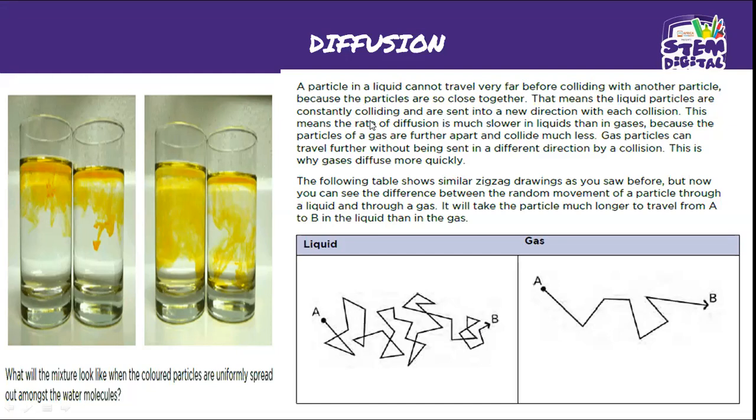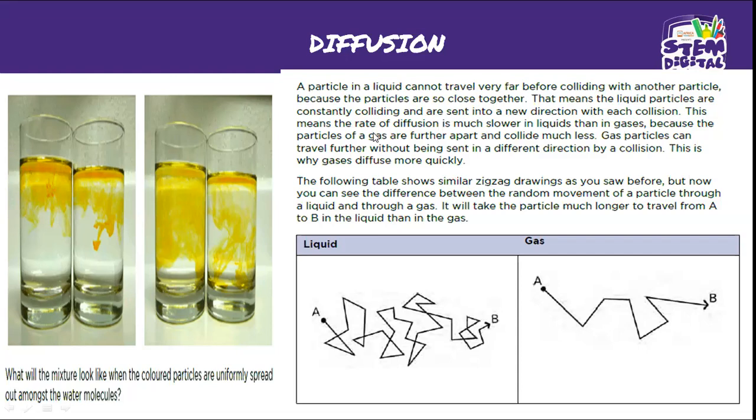So if one is moving northward and another collides with it, it can change to the east, the west, or the south. That's what the sentence means.